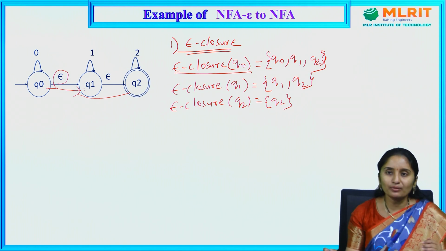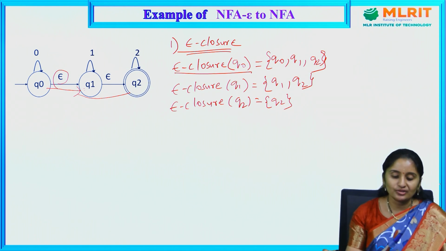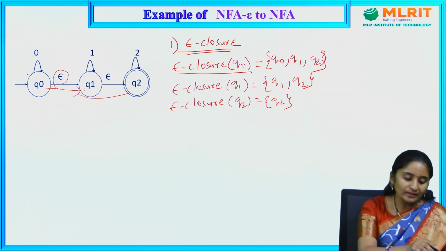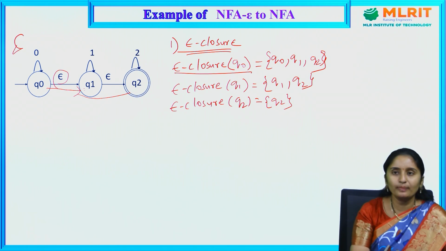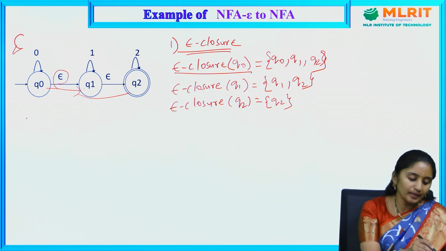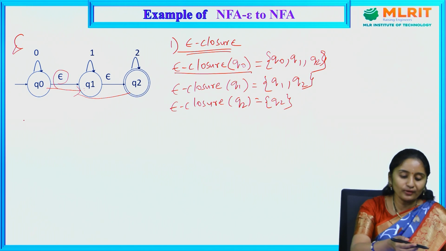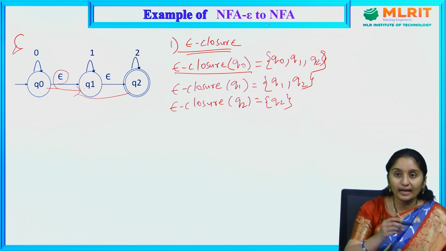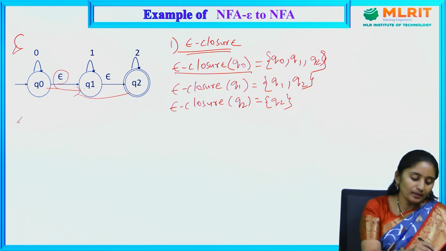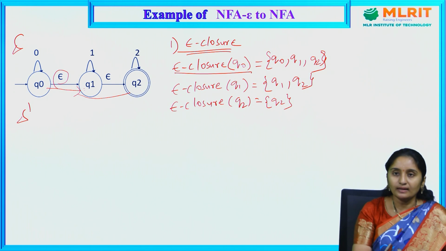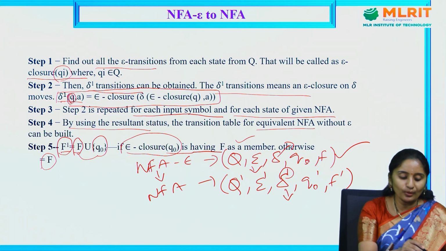Next we are going to find the transition function for this diagram. The transition function will be the updated delta, nothing but delta dash, since we are finding the transition function for the NFA. Just now we have written the formula here.